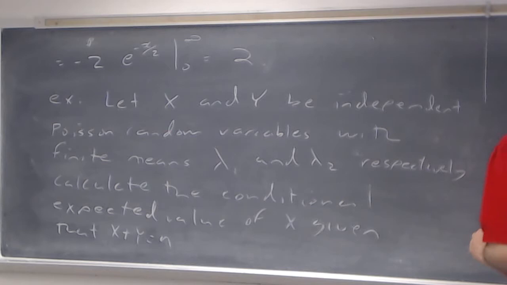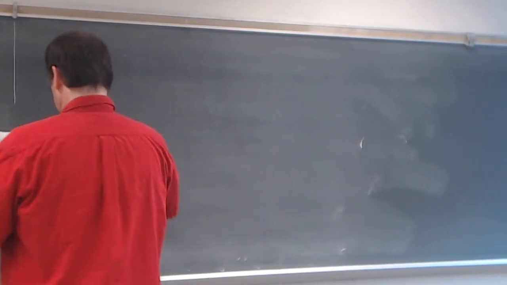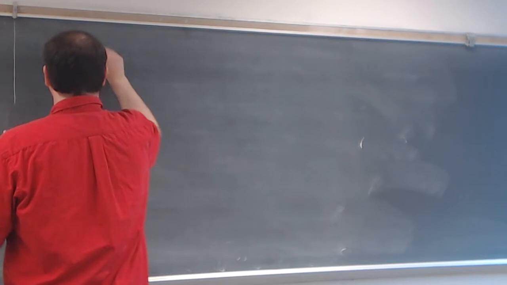X and y are independent, but it turns out that x and x plus y are not independent random variables. We're looking for the conditional expectation. So here starts our solution.